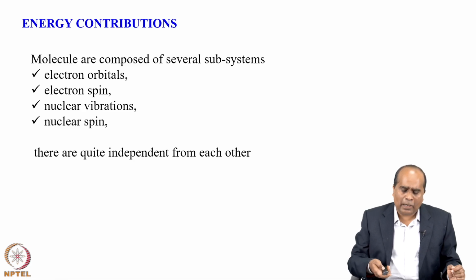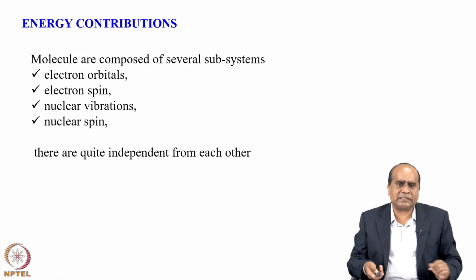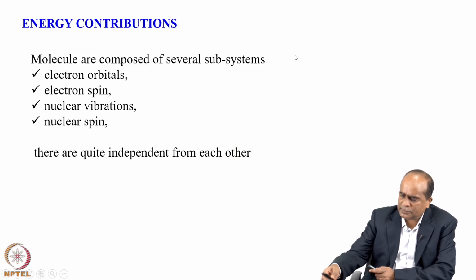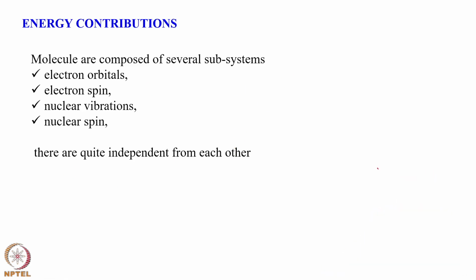So, how are these energy states coming? They come from, if you remember your basic concepts of the molecule, the nucleus, where we have P plus N. P is proton and N is neutron.